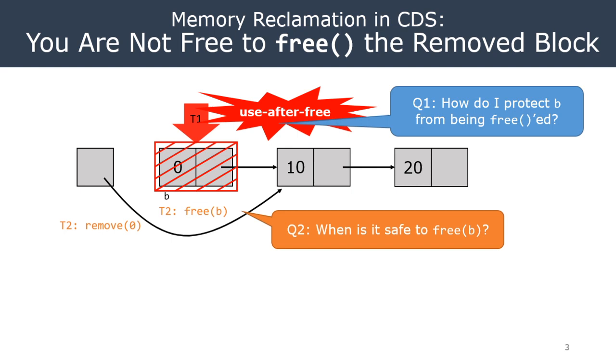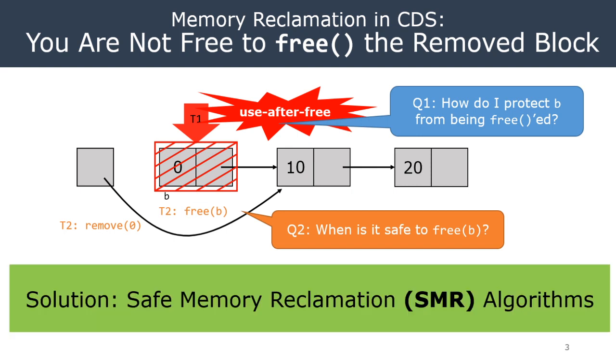It is always safe to free the block B if no one is concurrently accessing the block B, and that is true if all the other threads finished accessing the block B. So we need to somehow figure out when all the other threads finished accessing the block B, for answering this Q2 question for thread 2.